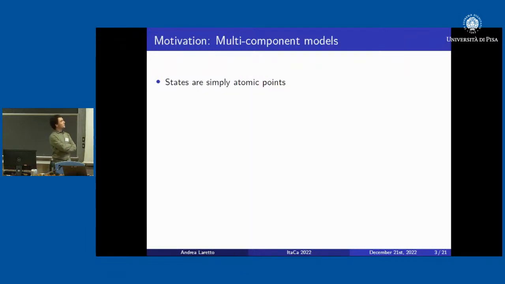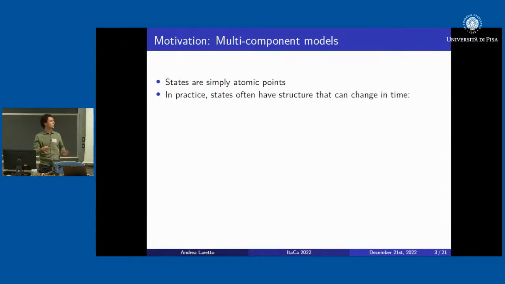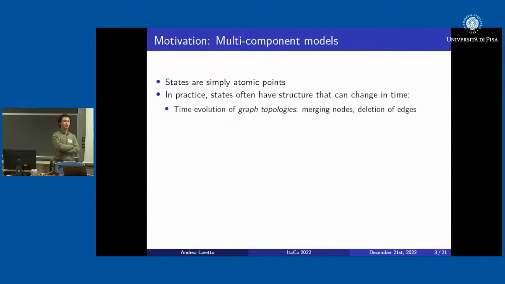So what we've seen so far is that states are atomic points, right? They are not decomposable in any sense. But in practice, often the states of a software system have more structure that can change over time, when you do a transition, for example. So we might want to model the time evolution of graph topologies, where the states themselves are graphs, and you want to model the merging of nodes in a graph, or the deletion of edges.